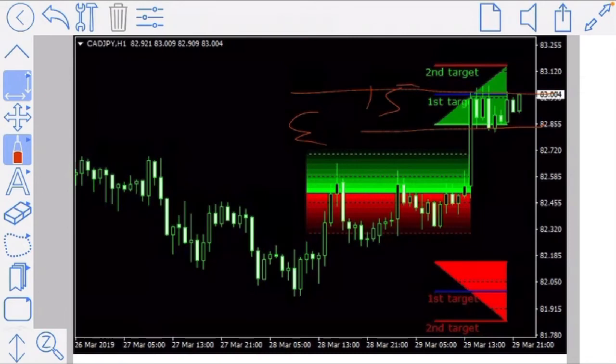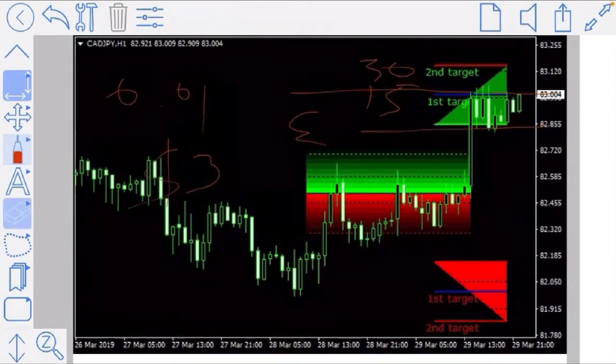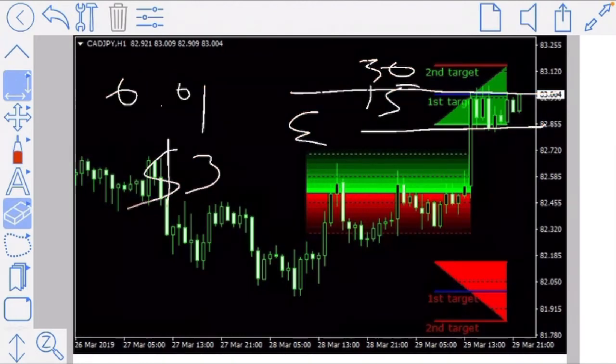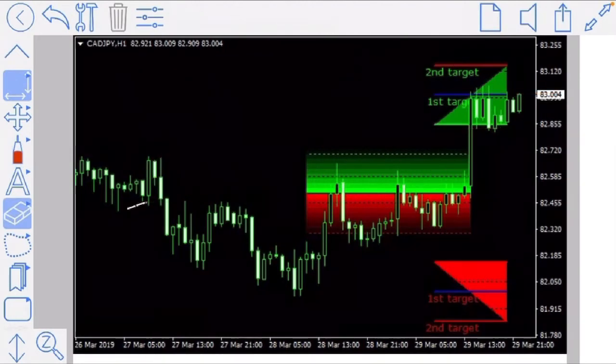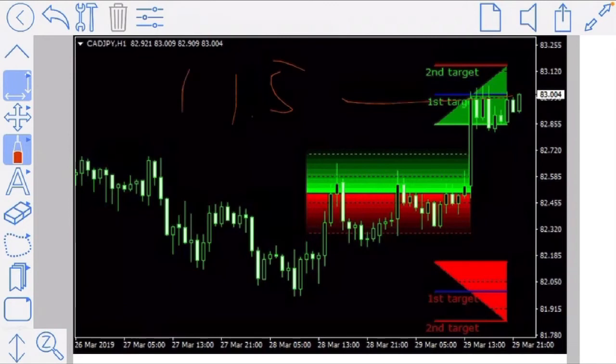Maybe you can hold for 30 pips. If you are trading 0.01, you have made $3 if you hold this trade for the maximum 30 pips. If you exited the trade here at 15 pips, and you're trading 0.01, you have made 1.5 USD.